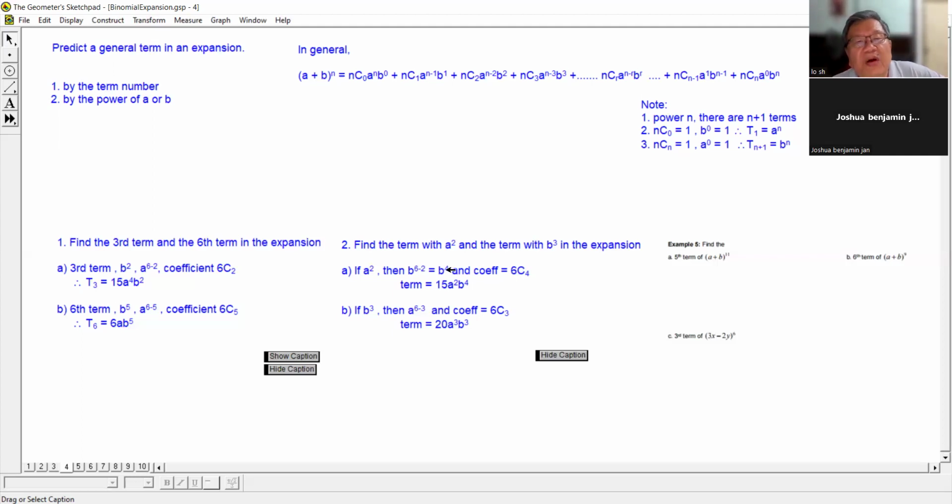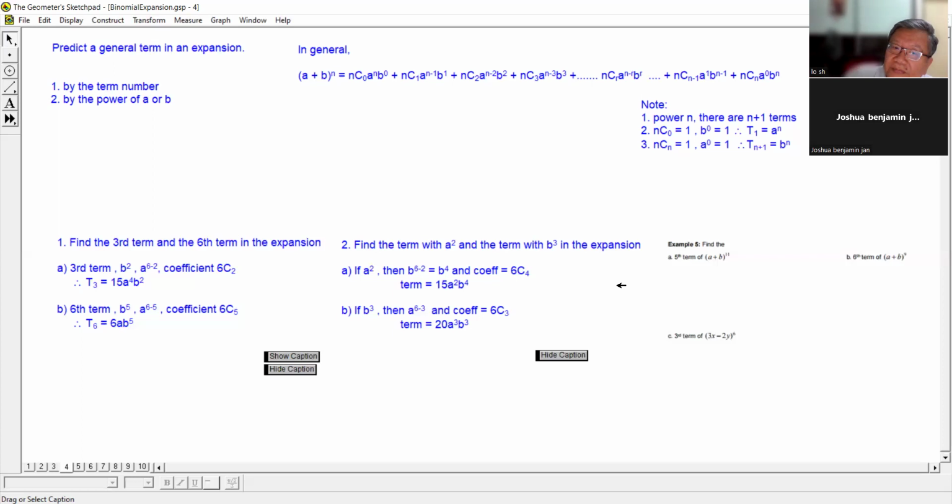So if it's b to the power 4, what is the coefficient? 6C4. Correct, 6C4, because it always follows the b. You have found out that 6C4 is 15. So 15, a squared, b to the power 4. That's how we predict the whole term without actually expanding out all the 7 terms.